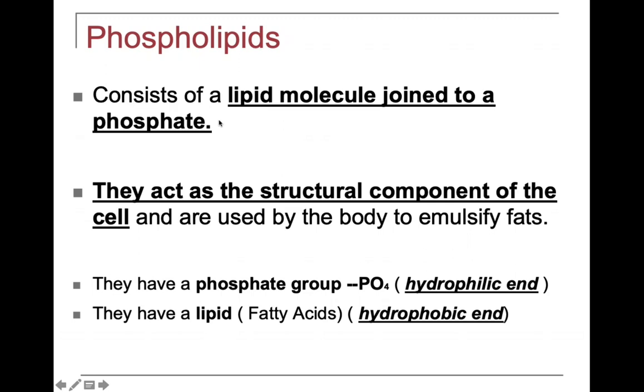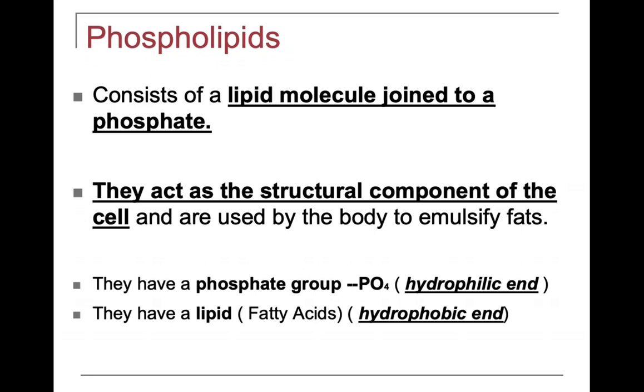So phospholipids consist of a lipid molecule, as we saw, joined to a phosphate. They act as the structural component of fat cells, and they're also used by the body to emulsify fats. Phospholipids are actually involved in fat emulsification. We will get more into that in AMP2 when we get into digestion, but here we're just laying down some foundational work.